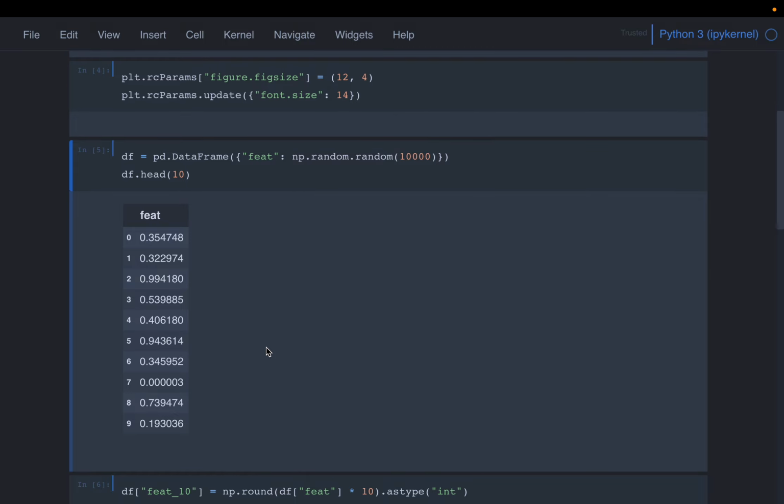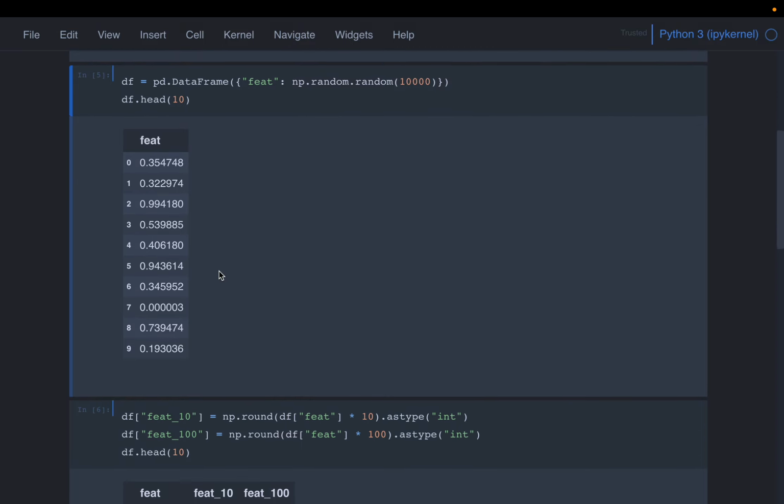Okay, so now this feature might be a fraction or a percentage with so many digits. For example, here we have 6 decimal places, right? Now maybe this value 0.35474 is not that different from maybe another value, let's say 0.354742, right?